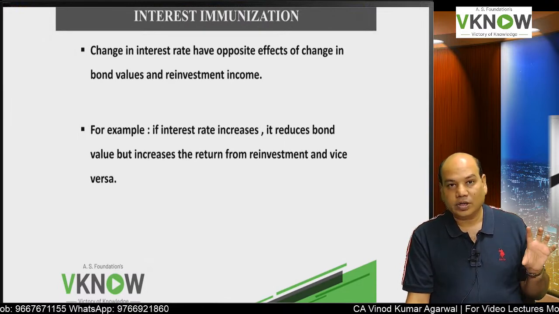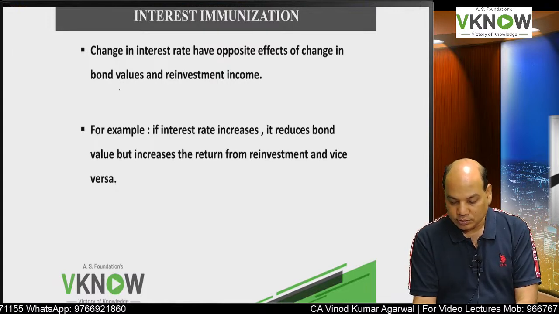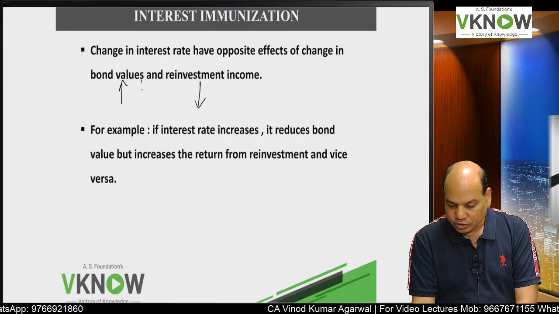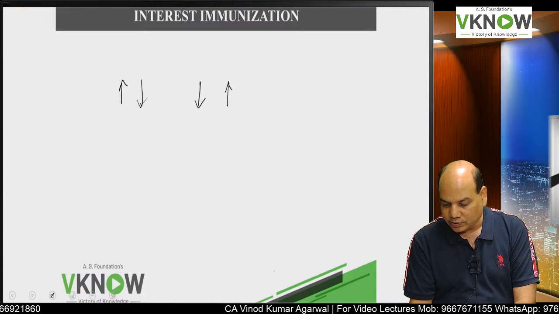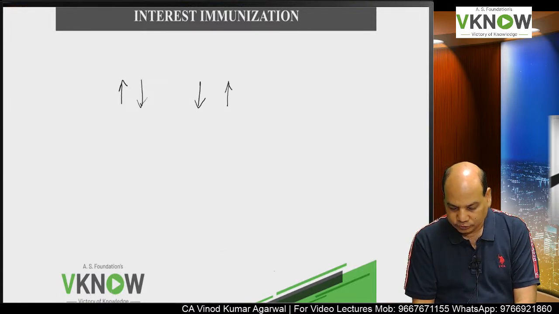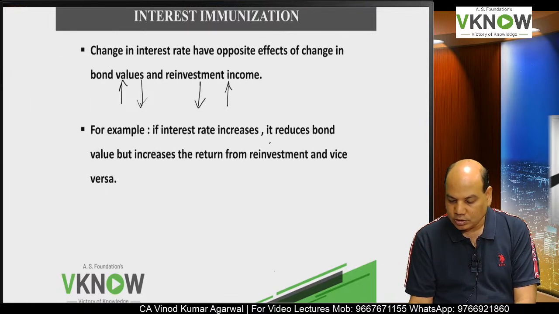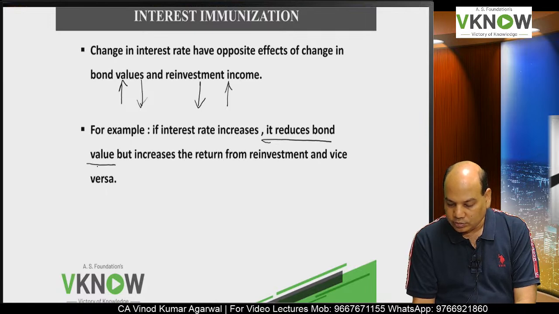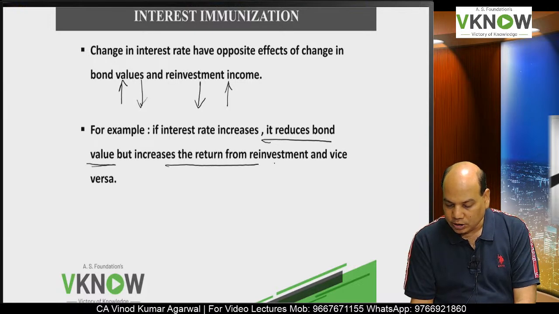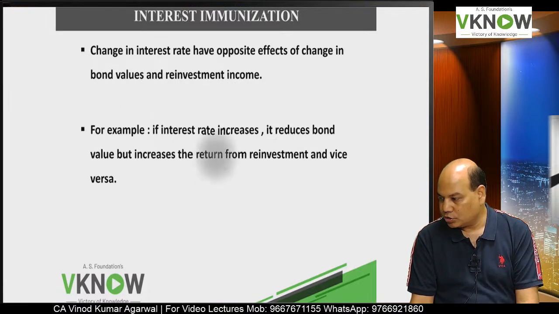Change in the interest rate has an opposite effect on bond value and reinvestment income. So if this goes up, this goes down. If this goes down, this goes up. If interest rate increases, bond value will reduce, but income from reinvestment will increase and vice versa. Have you understood?